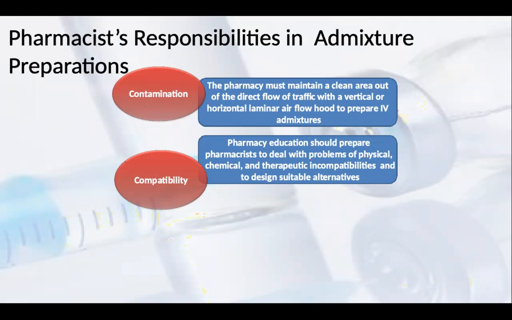The area where they are going to reconstitute must be free from any contamination. Mostly there are three types of incompatibilities: physical, chemical, and therapeutic. Pharmacy education should prepare pharmacists to deal with the problems of these incompatibilities.